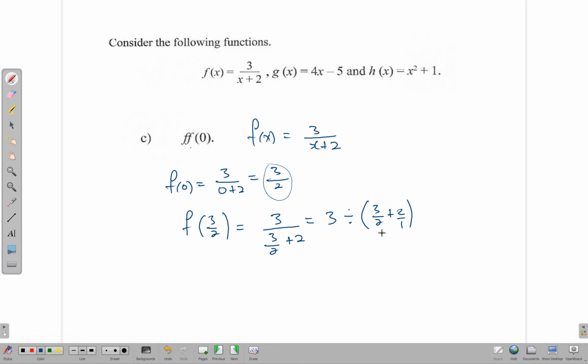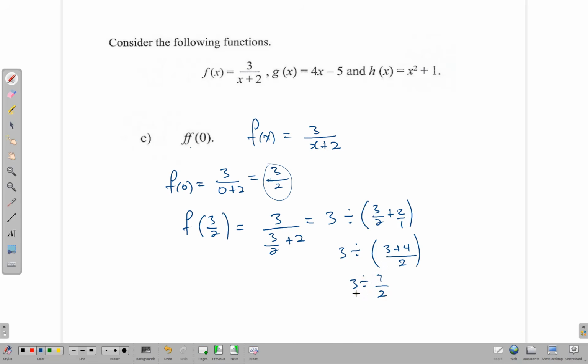Let's just write it that way. Let's work out this part first. Doing this quickly, we end up with 3 divided by 3 plus 4 over 2, so we have 3 divided by 7 over 2.